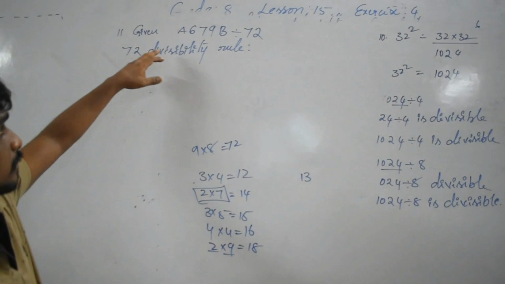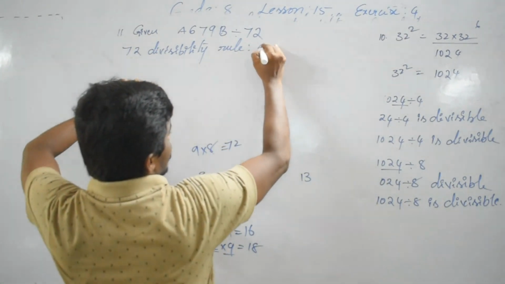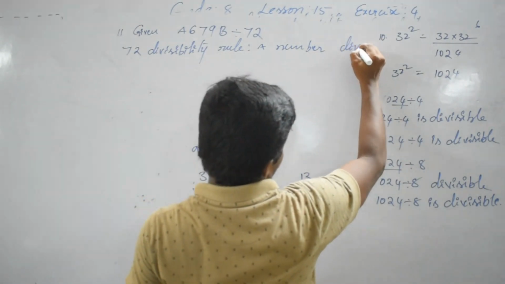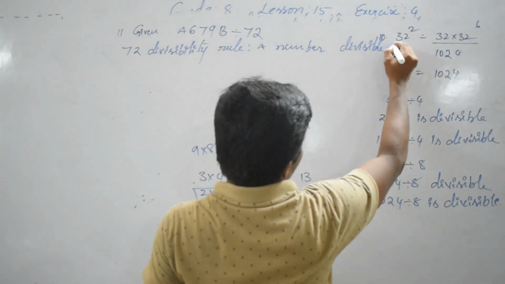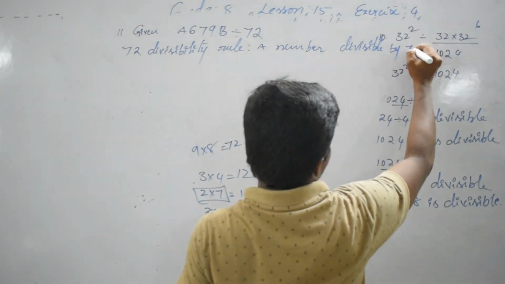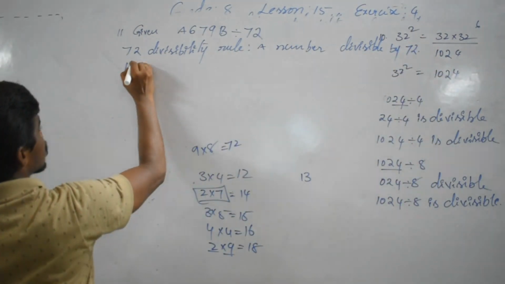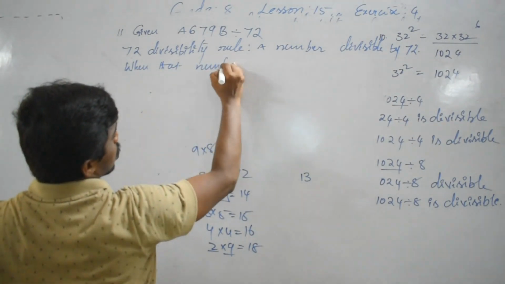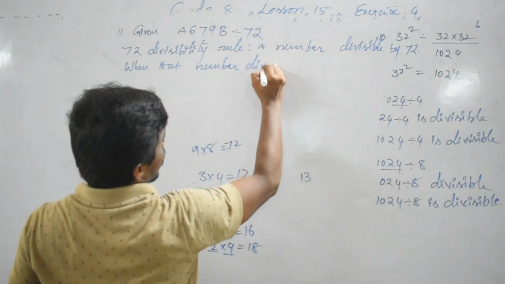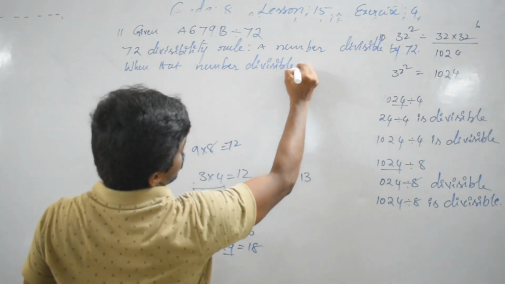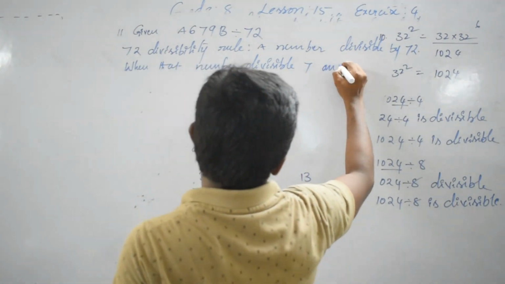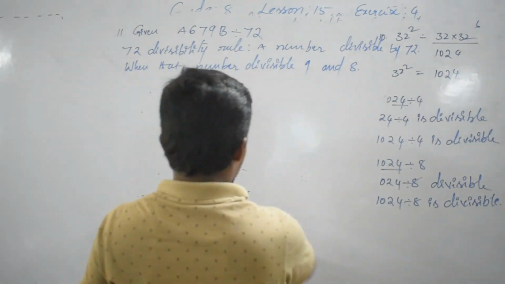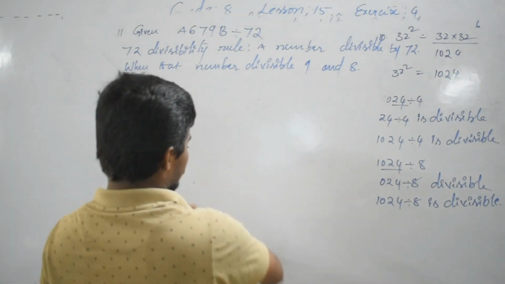A number is divisible by 72 when that number is divisible by 9 and 8.